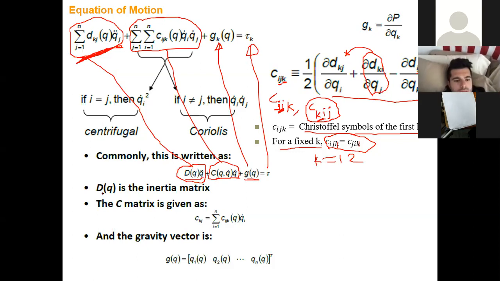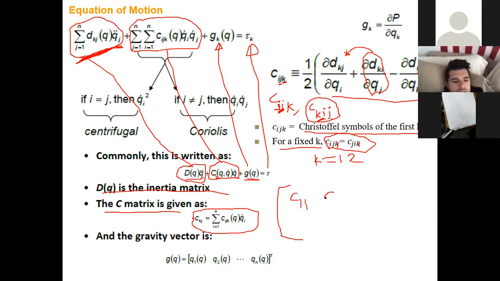Again, this D(q) is the inertia matrix, and the C matrix is given by this form. How do you represent the matrix? C11, C12, C13 are the elements of C, then you have the second line C21, C22, C23, like that.